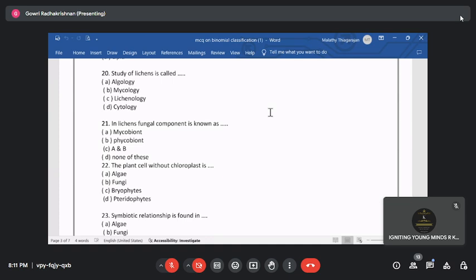So actually it's like a give and take relationship. It can be a give and take relationship or it can be a parasitic relationship also. But lichens are a give and take relationship. In lichens, the fungi is more dominating, so fungal characteristics are more dominating.